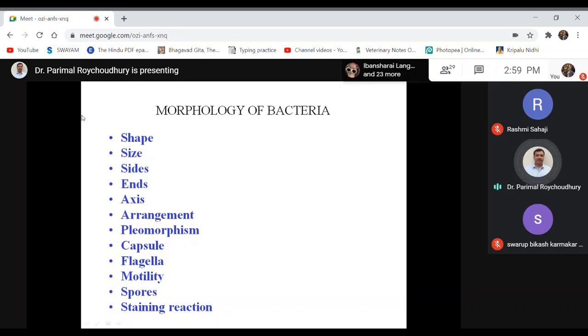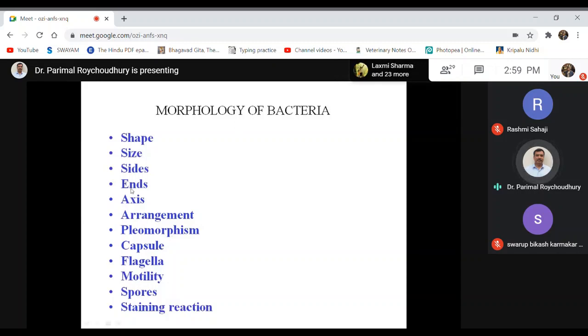So we basically study the shape, whether it is a coccus or a bacillus, then the size, whether it is smaller or bigger. Then the sides, whether the sides are parallel or bulging.